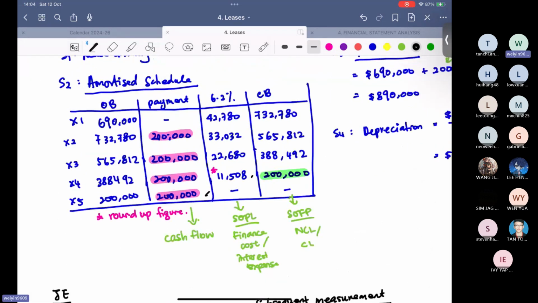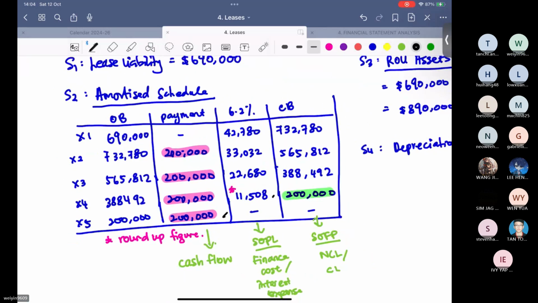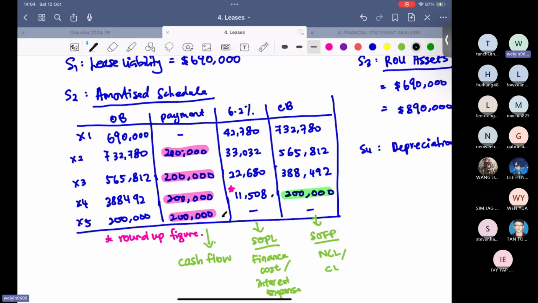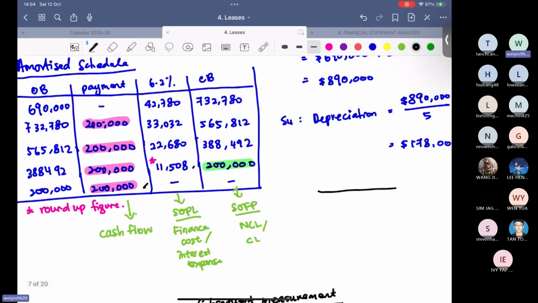This table, you will see again in IFRS 9. Why I use this table, because I love shortcuts, class. This table is your T account, this liability. So opening balance, closing balance, like this. Since you make the payments, payment is here, and then your finance cost is here.